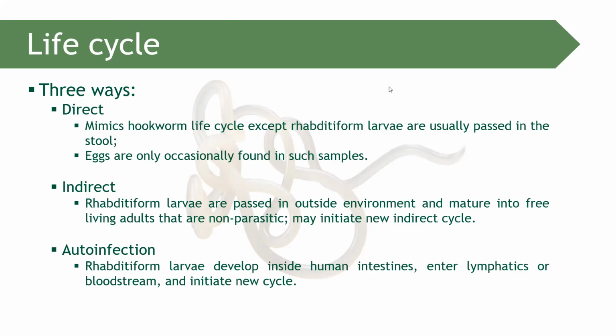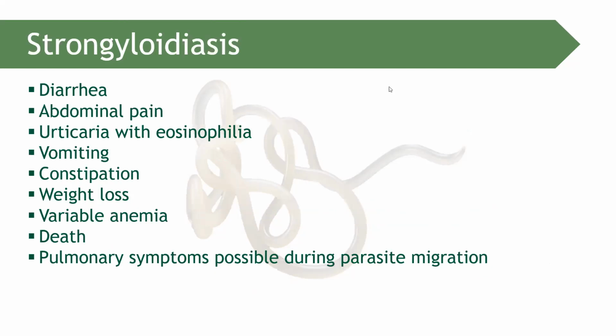Kaya nagkaroon ng rhabditiform. Yung rhabditiform naging filariform, yung filariform naging adult, nagkaroon ng another infection. Take note guys, that this infection is also capable of entering the lymphatics and the bloodstream, that initiates the new life cycle. Anemia, since it enters the bloodstream, is also possible.